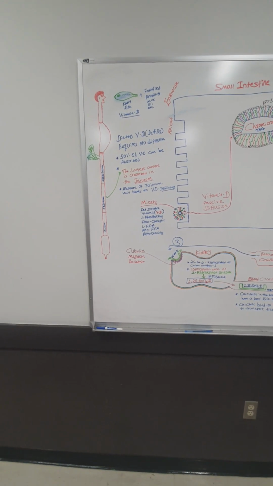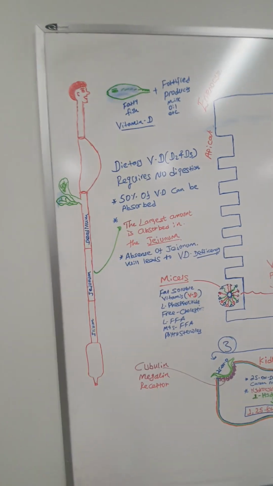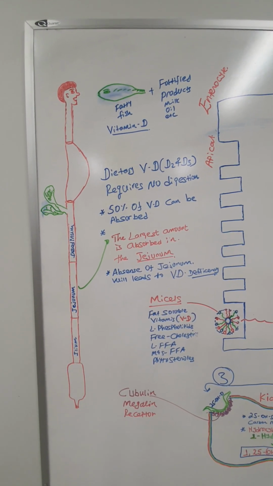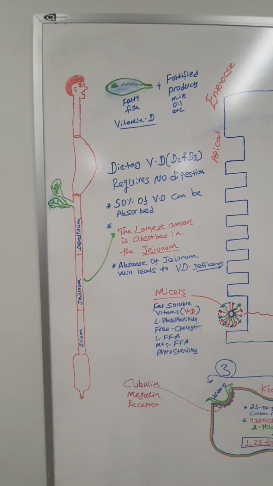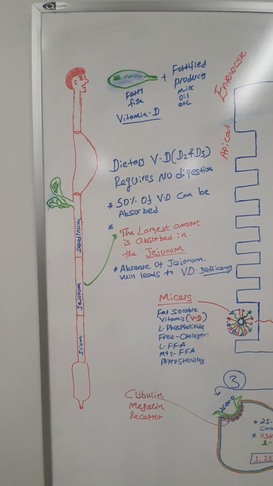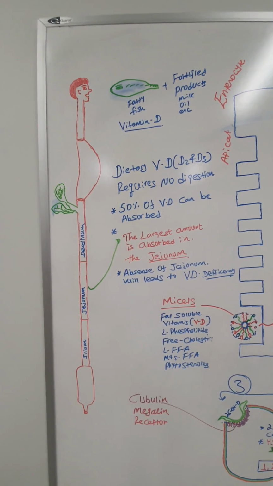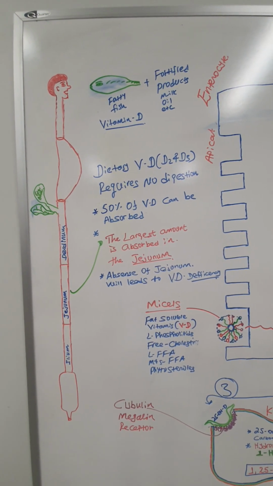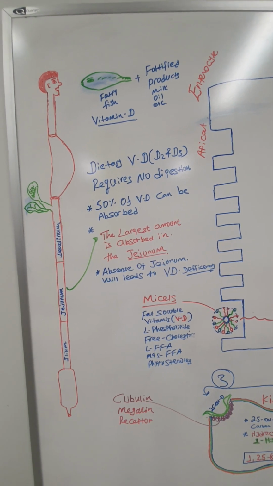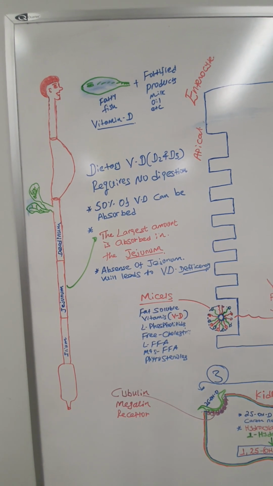Today I'm going to be presenting to you about vitamin D metabolism. Vitamin D for human beings can be obtained from fatty fish. Fatty fish is the main source of vitamin D, and people who consume fatty fish such as sardine, salmon, and some other fatty fishes can have enough vitamin D. And also there are different kinds of products which are fortified with vitamin D, for example milk, oil, and yogurts, and some other products.